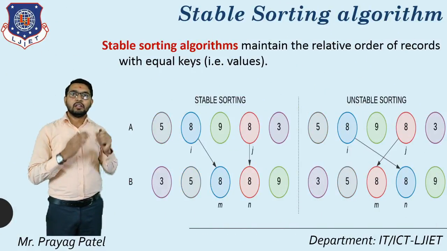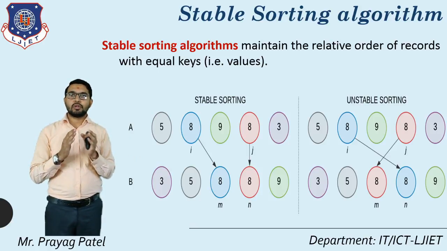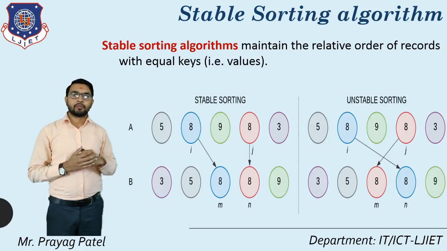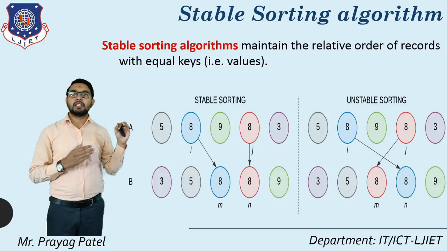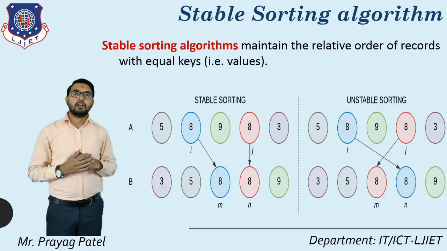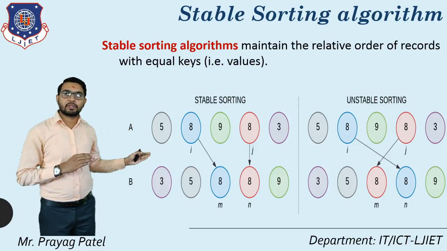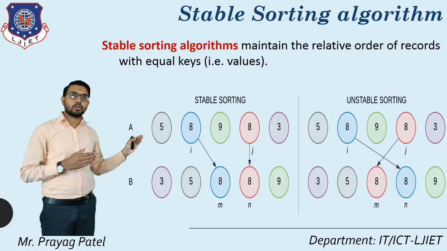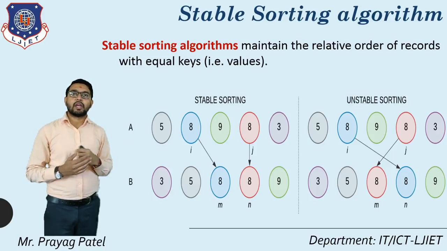Before understanding any sorting algorithm, first you should understand what stability, or a stable sorting algorithm, is. Stable sorting algorithms maintain the relative order of records with equal keys. For example, consider the first example of a stable sorting algorithm. Here the value 8 occurs two times.